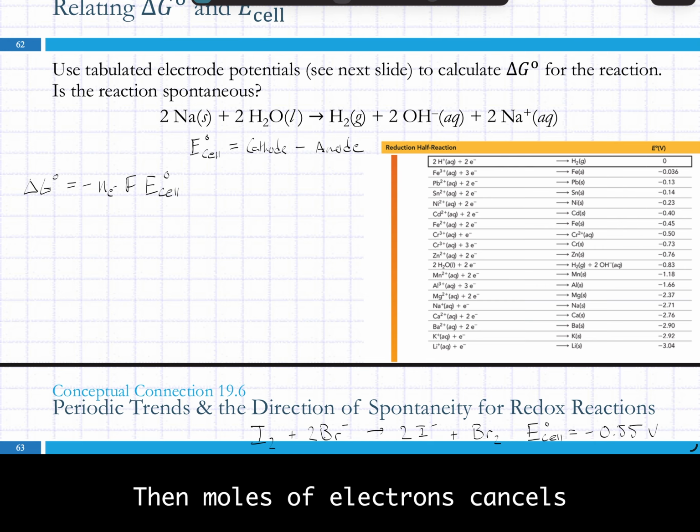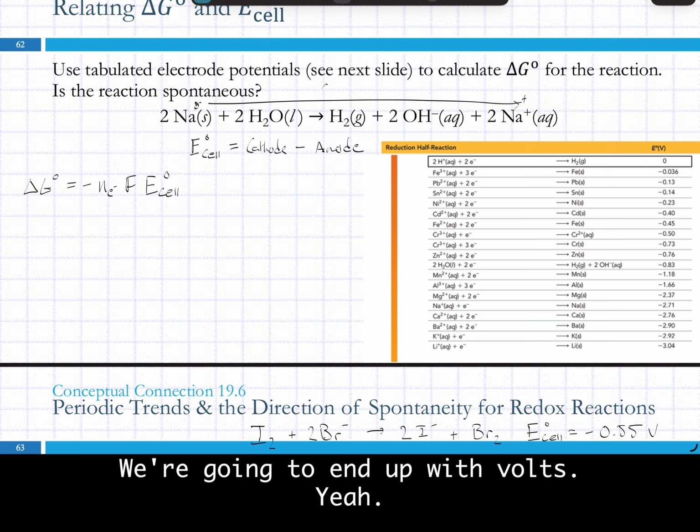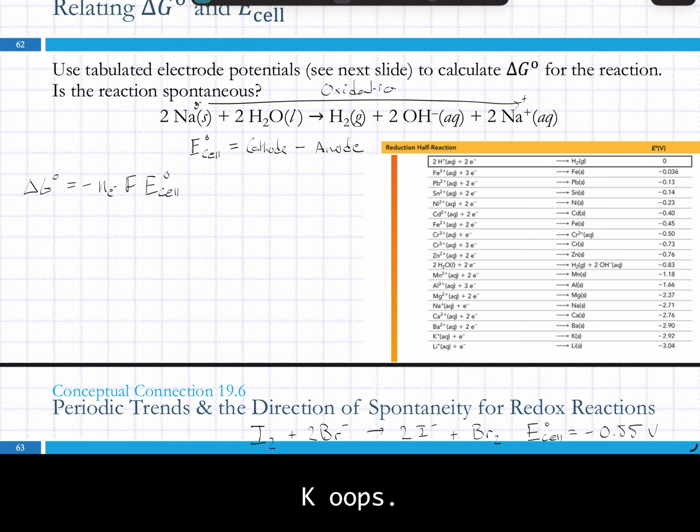Then moles of electrons cancels. Oh, right, we're going to end up with volts. Not that whole thing cancels out, just the K, right?